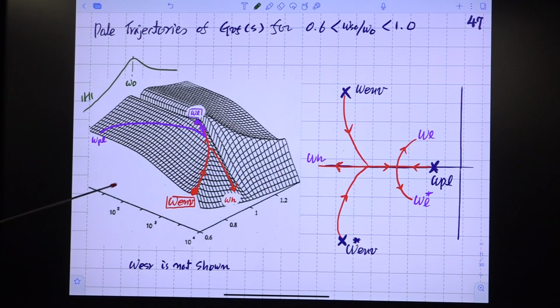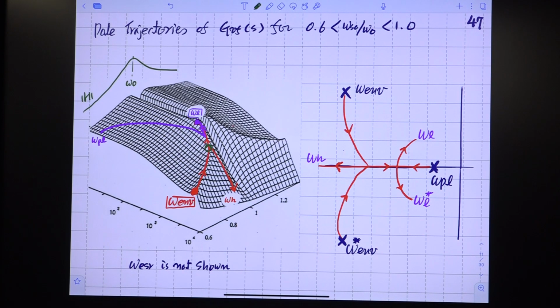So omega EB is decreasing, Q is decreasing, and at some instant Q is reduced to less than 0.5. Then what will happen? That complex pole will be split into two real poles. One pole is moving in this direction, and another pole is moving in this direction. So here, the double pole is split into two real poles.